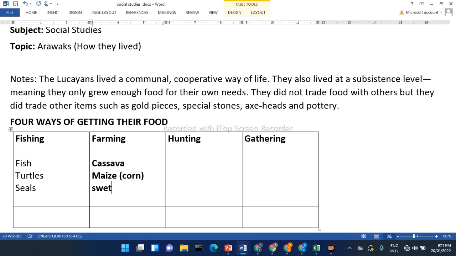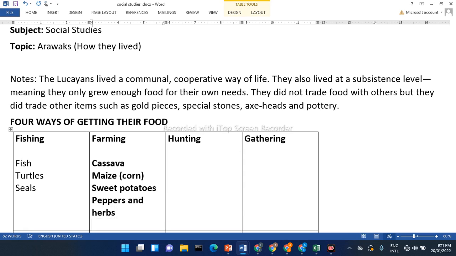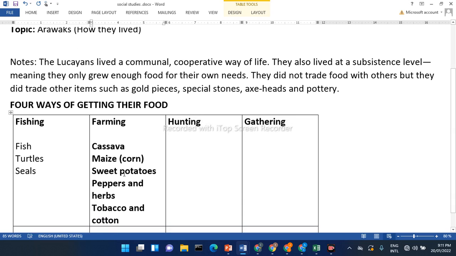They would grow sweet potatoes, peppers, and herbs. And tobacco, which was used for religious services too. Tobacco and cotton. These are the foods they would eat. Notice that they're from the ground.